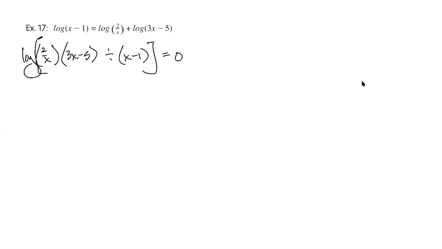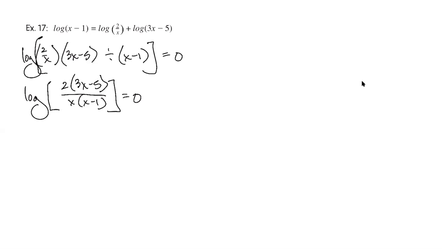Okay, so that's one way I could approach it. If I wanted to clean this up a little, I think it's important to think about numerators and denominators. I actually have 3x minus 5 over x times x minus 1 equals 0.